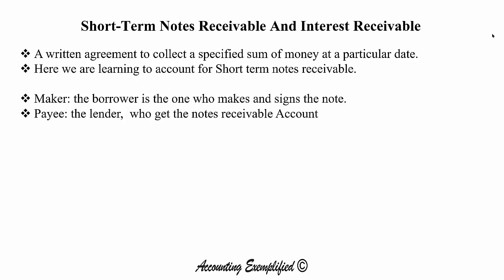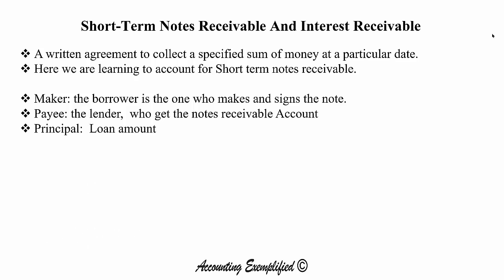Now the payee. The payee is the lender who gets the note receivable account. So for the payee or the lender, this is the note receivable. So we are going to see the notes receivable and the interest receivable from the payee's perspective or from the lender's perspective.